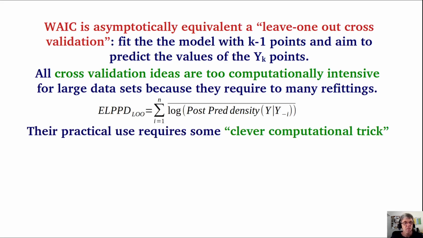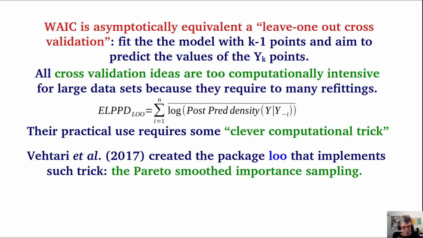So the practical use of these cross-validation ideas, to which the WAIC is asymptotically equivalent, requires some clever computational trick. So Vehtari and collaborators created a package called LOO, which is an acronym for the leave one out cross-validation, and of course, as everyone knows, is how the British call the toilets. So it's an irresistible acronym.